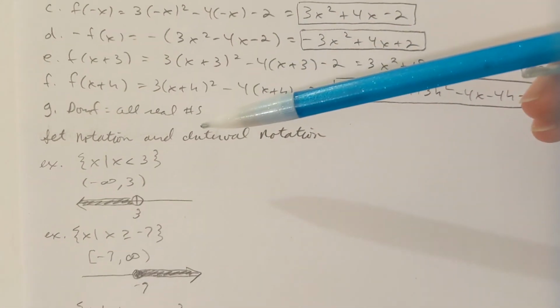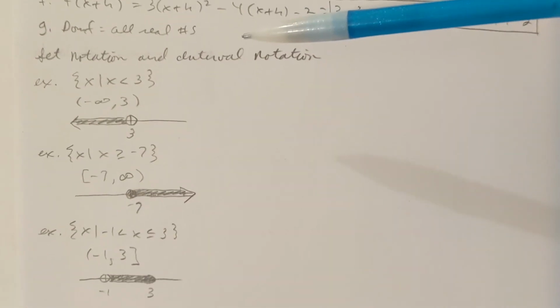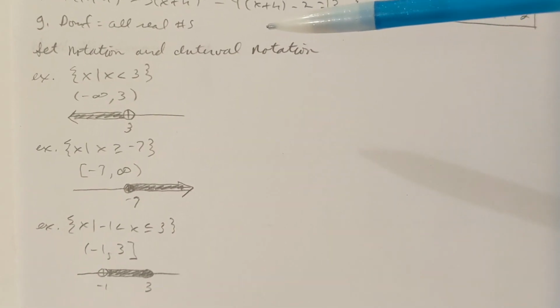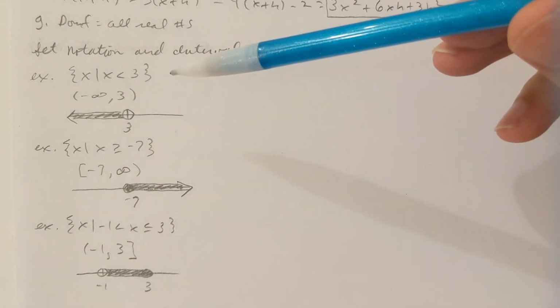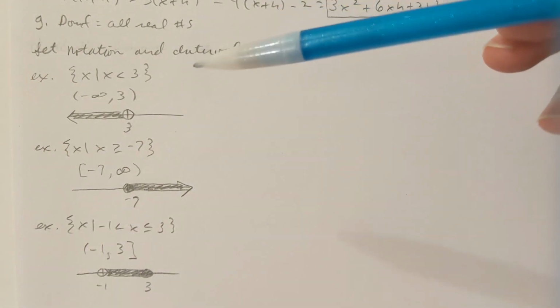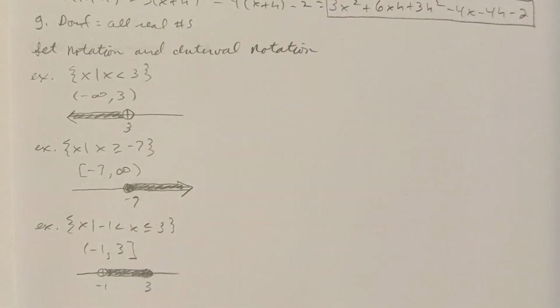Now, as far as set notation and interval notation, these are 2 very, very common forms of giving answers, whenever we have a set or an interval as our answer. So set notation. Suppose I have the set of all x such that x is less than 3.